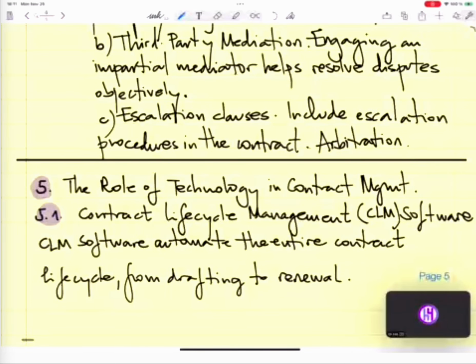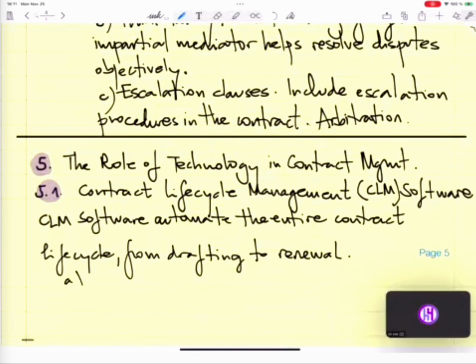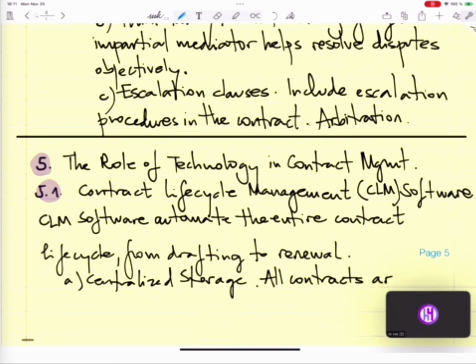Okay, but also you can get centralized storage. Okay, so all contracts are stored in a searchable database.